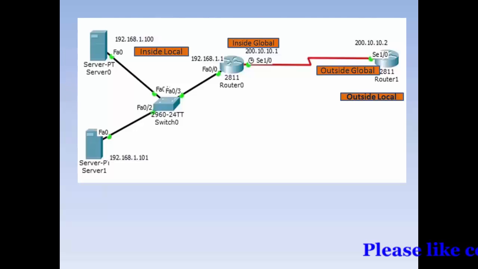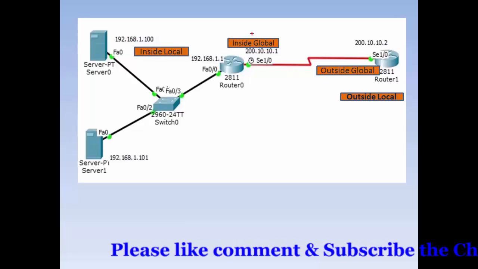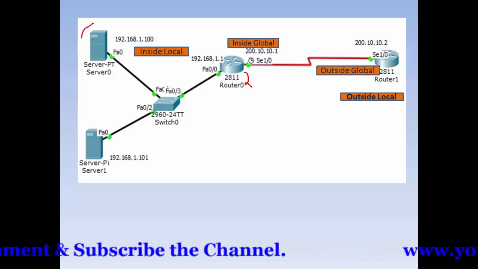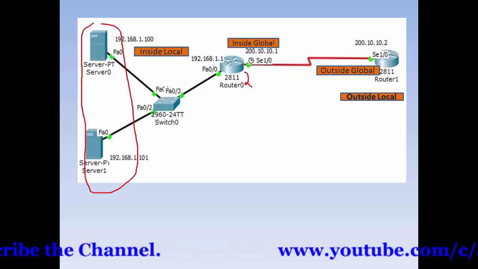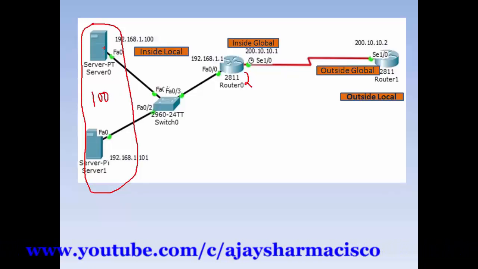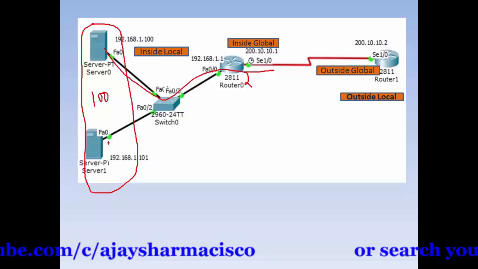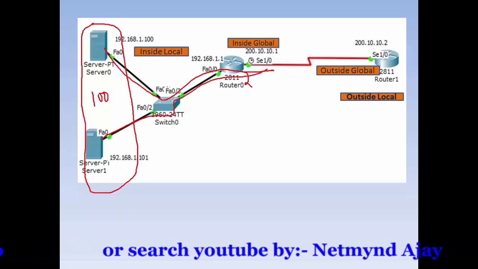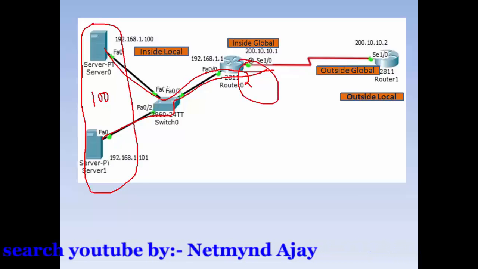A few things I want to explain more. Suppose I have two public IPs here and multiple users, say 100 users inside my company. They all want to access the internet, so to go to the internet they need to use a public IP.